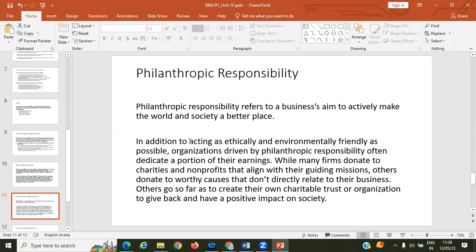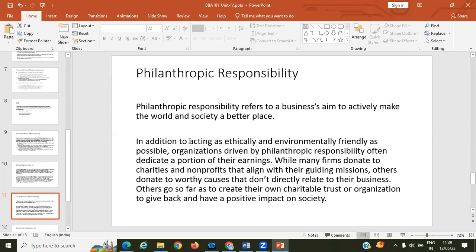That is philanthropic responsibility. You are responsible for the poor section of the world, of your region. You are giving some meals, food for an orphanage. Suppose tomorrow there is a blind school, and you are sponsoring one day lunch, one day breakfast or dinner in that school.